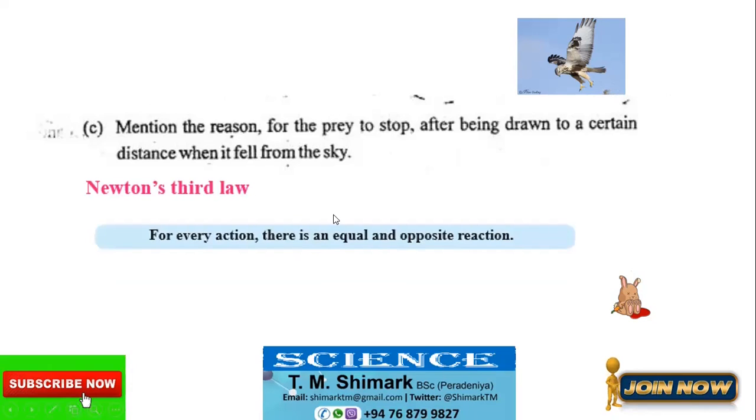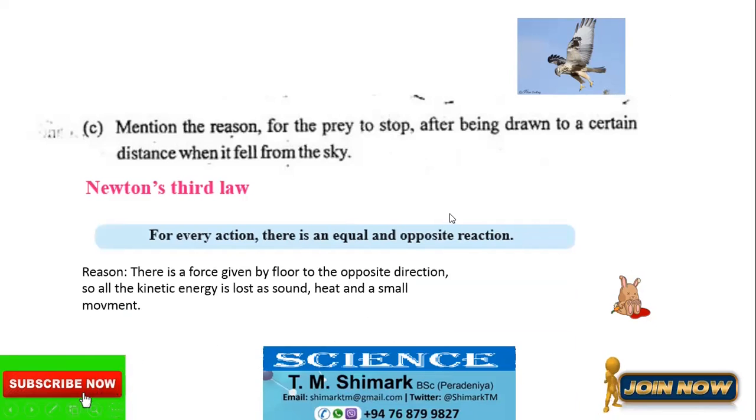Newton's third law says for every action there is an equal and opposite reaction. So we know that there is a force. The reason is the force given by the floor in the opposite direction. So all the kinetic energy is lost as sound, heat, and small movement. When it fell down, there was a sound, kinetic energy, the speed was there.